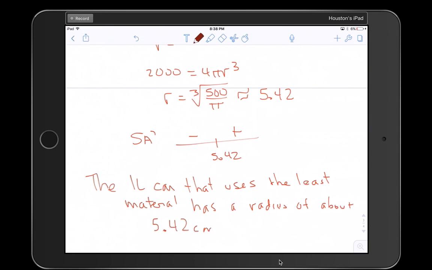And that would be centimeters. What if we had to find the height, knowing the radius?